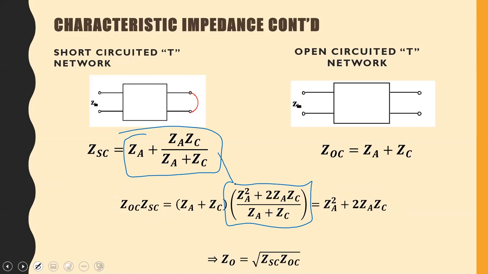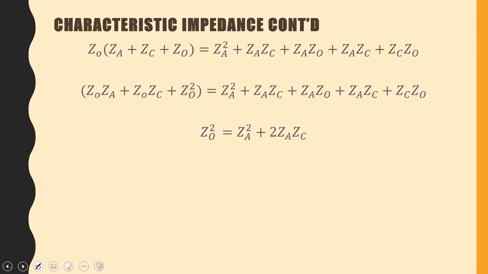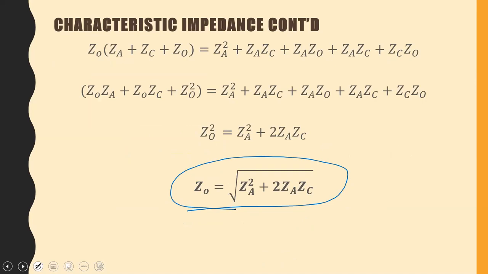Okay. And if I multiply that by ZA, ZC, which is what I have here, then all I'm going to be left with is the numerator. So I end up with ZA squared plus 2ZA ZC. But if you go back to the previous slide, Z0 was equal to the square root of ZA squared plus 2ZA ZC.